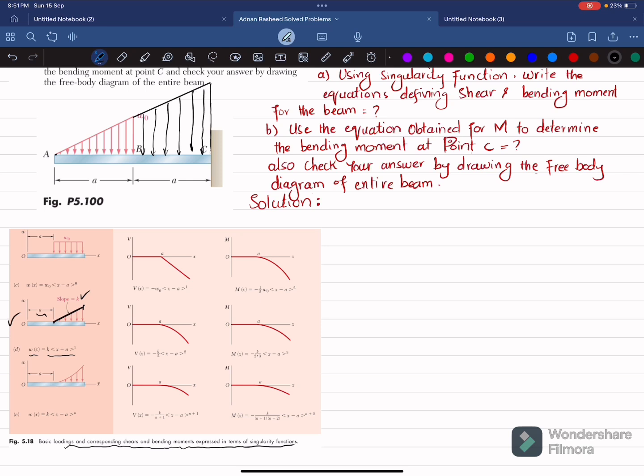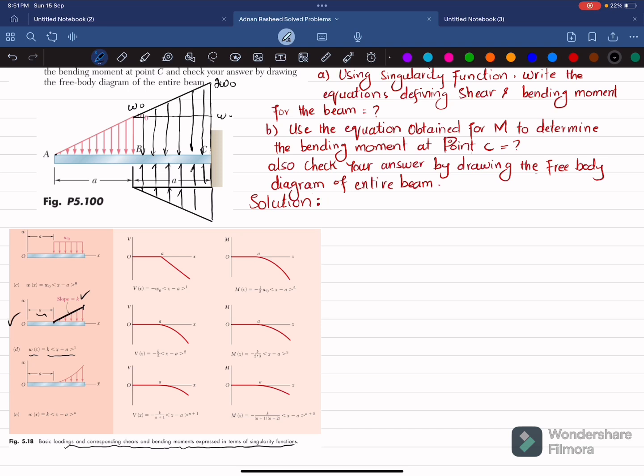Now here you can see this load seems to be distributed load W naught. So what we are going to do is that we will add this distributed load like this in upward direction, clear, as well as there is a triangular load. So here it is W naught, so here it will be 2W naught. So we will also add it in downward direction, and it will be upward.